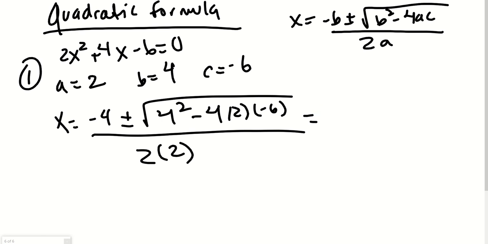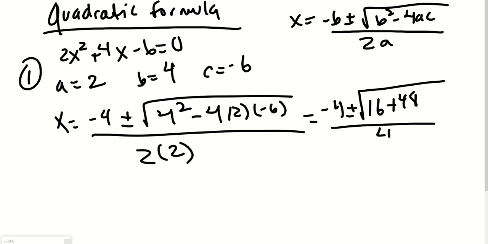So now we put everything in. Now we got to do order of operations. So now I have negative 4 plus or minus, order of operations. 4 squared is 16. Okay. Negative 4 times 2 is negative 8. Negative 8 times negative 6 is going to give you positive 48.